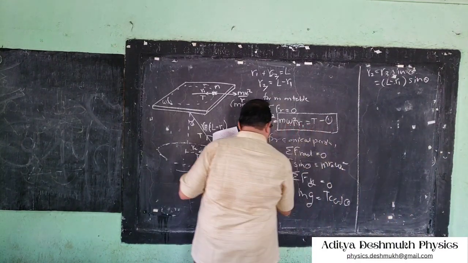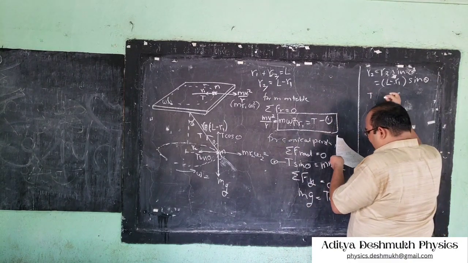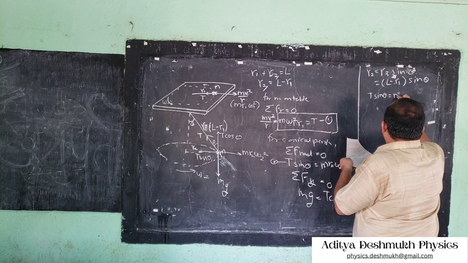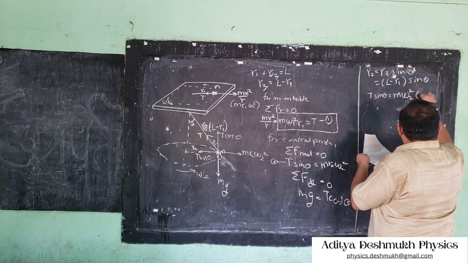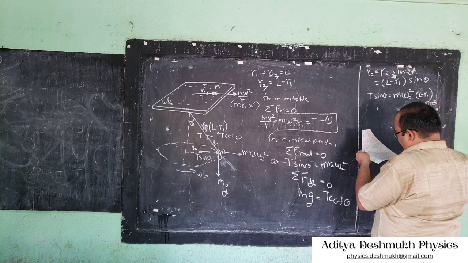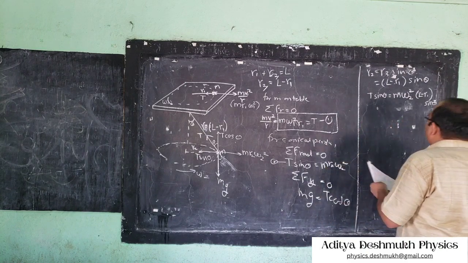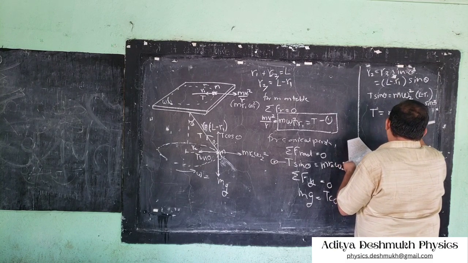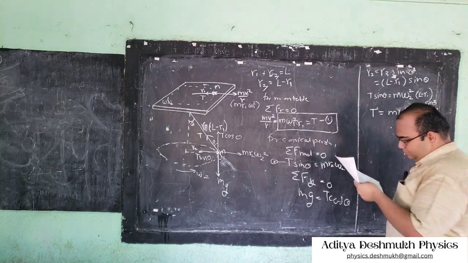So this equation 2 becomes T sin theta equal to m omega 2 square (L minus R1) sin theta. So sin theta will get cancelled, and I will get T equal to m omega 2 square (L minus R1).